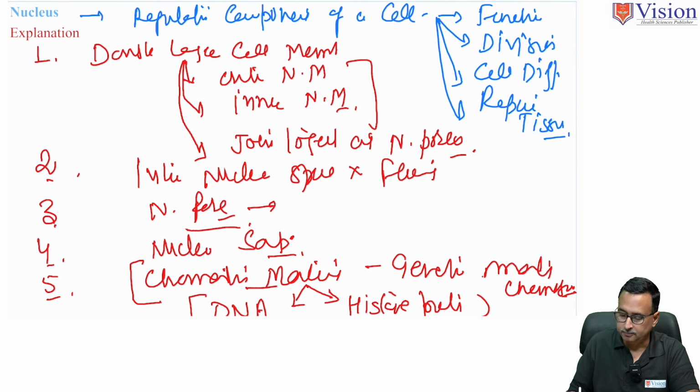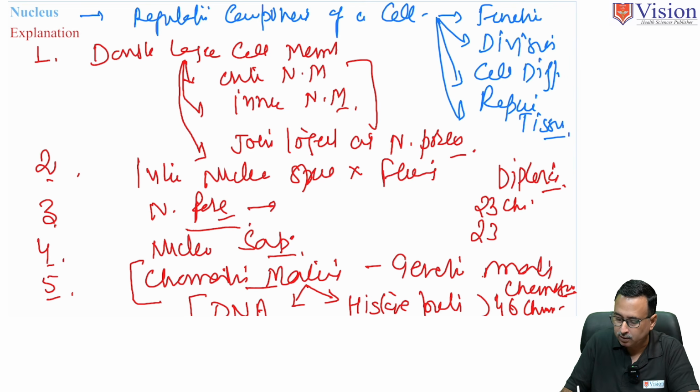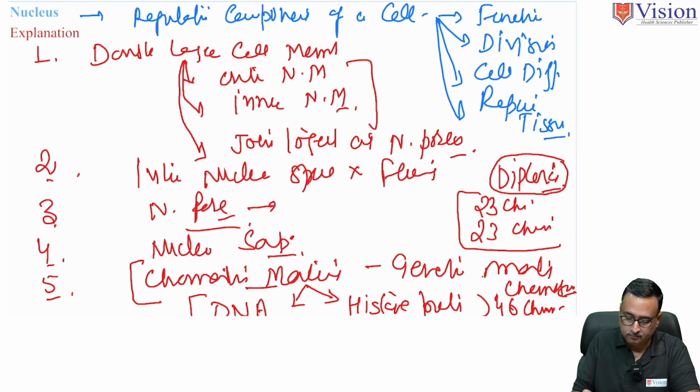In the human body, there are 46 chromosomes. So each cell of the human body is said to be diploid. Diploid means total chromosomes are arranged in pairs. That is 23 chromosomes pair with another set of 23 chromosomes. So there are two sets of chromosomes. So each cell of the human body is diploid.